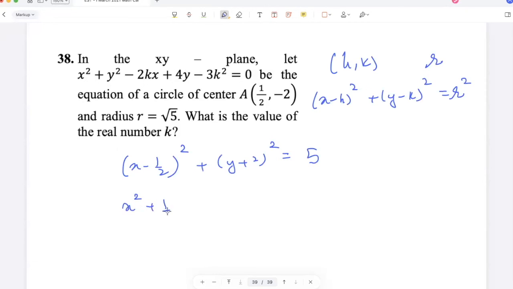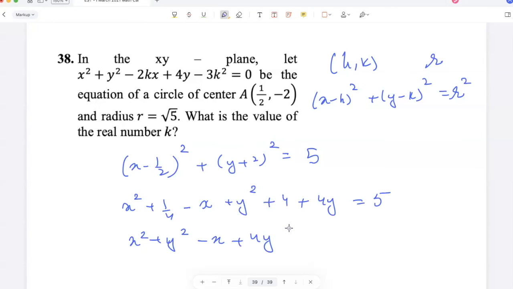So x squared plus 1 by 4 minus x plus y squared plus 4 plus 4y is 5. So x squared plus y squared minus x plus 4y, and then I want to bring this to the left hand side, plus 1 by 4 plus 4 minus 5, right?